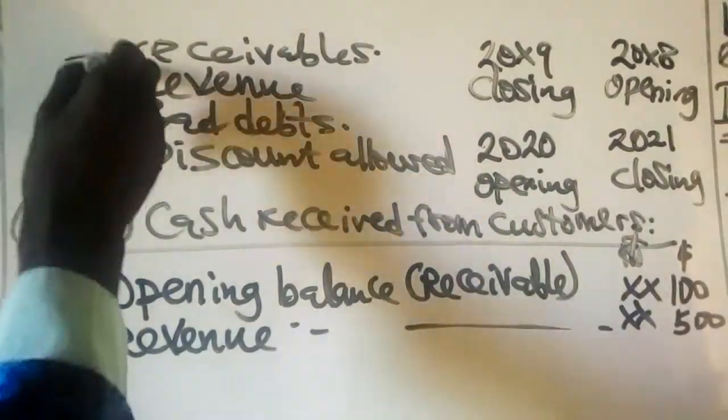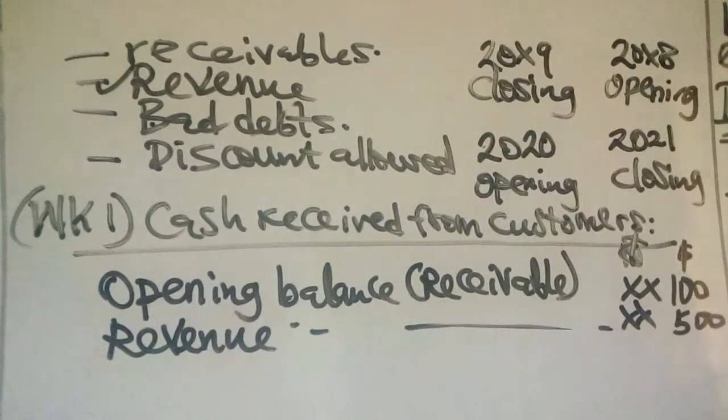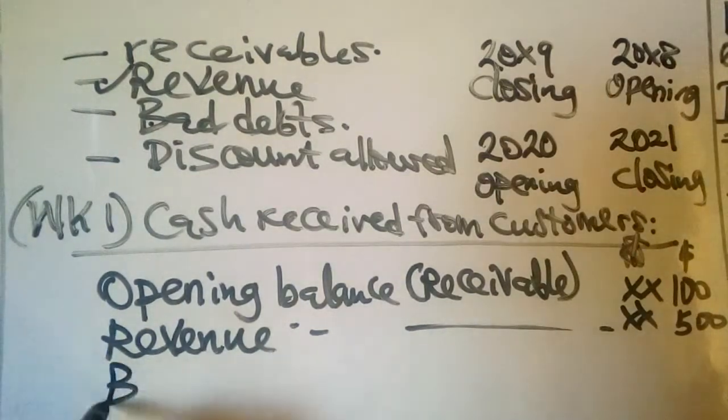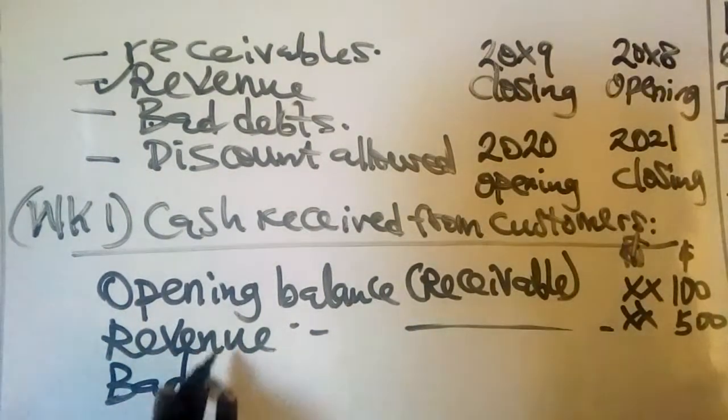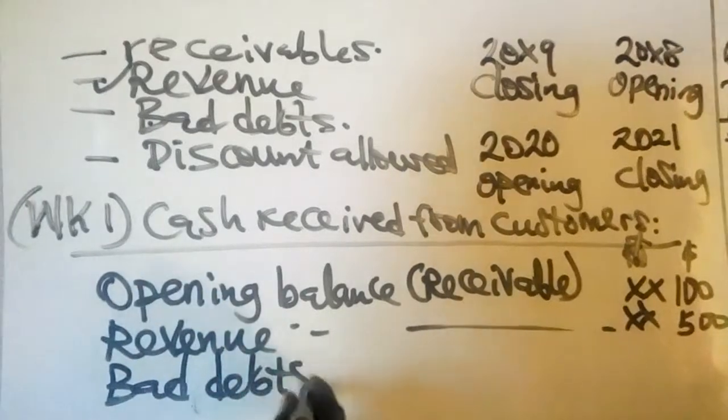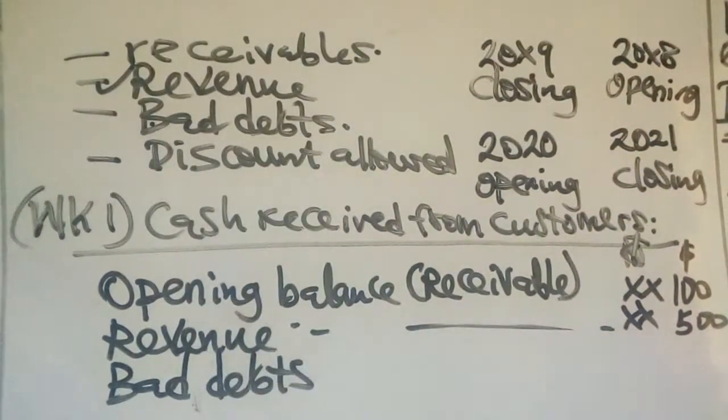Then the next one is bad debts. Bad debts are irrecoverable debts. Maybe the customer owing that debt has disappeared, or the customer has died and is nowhere to be found. The amount the customers are owing will be written off because it cannot be recovered.